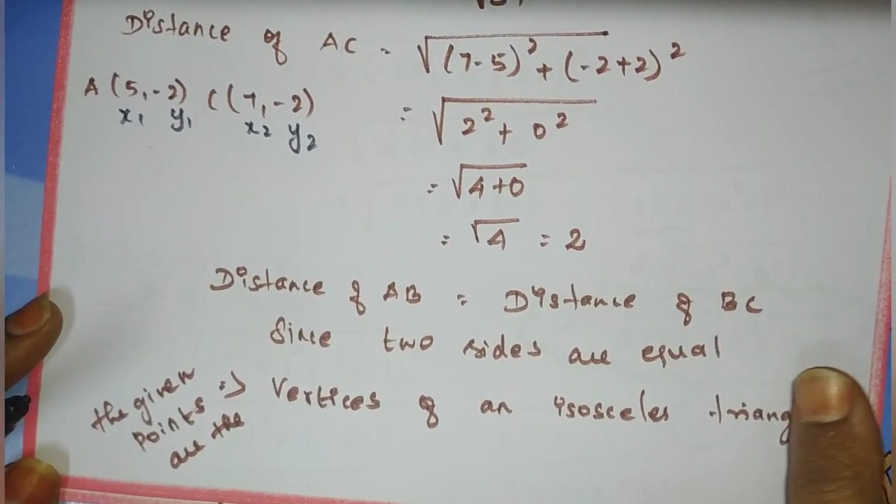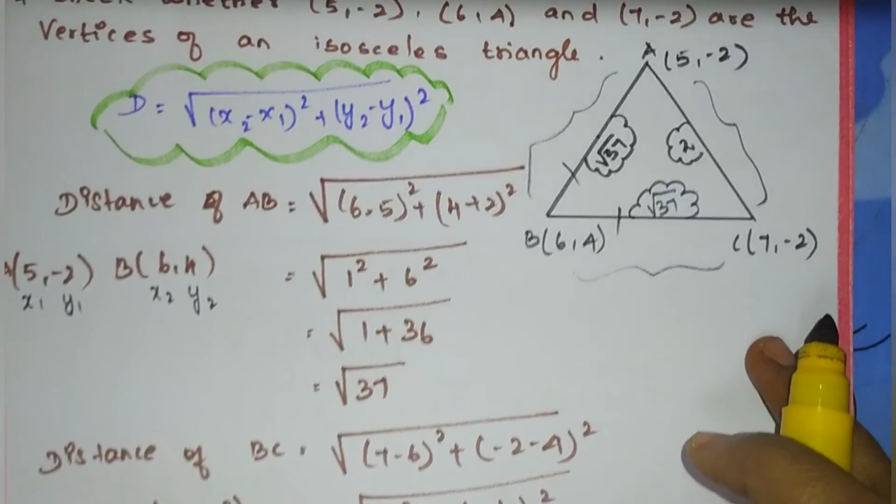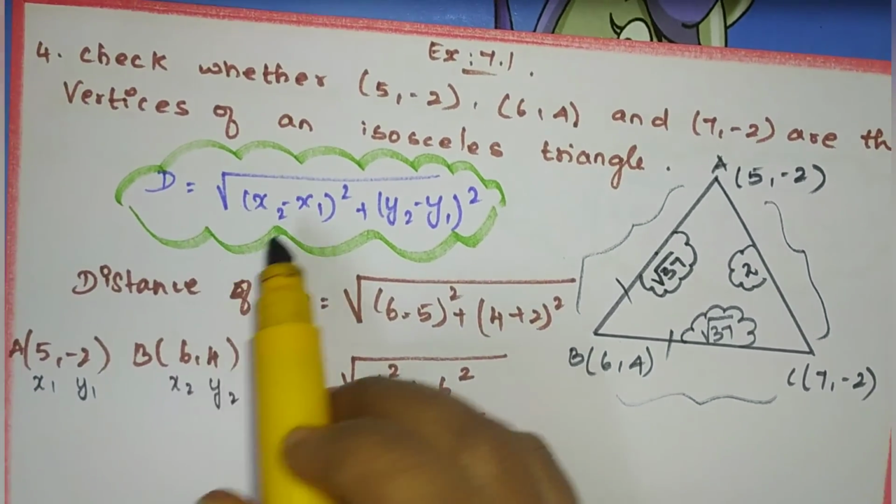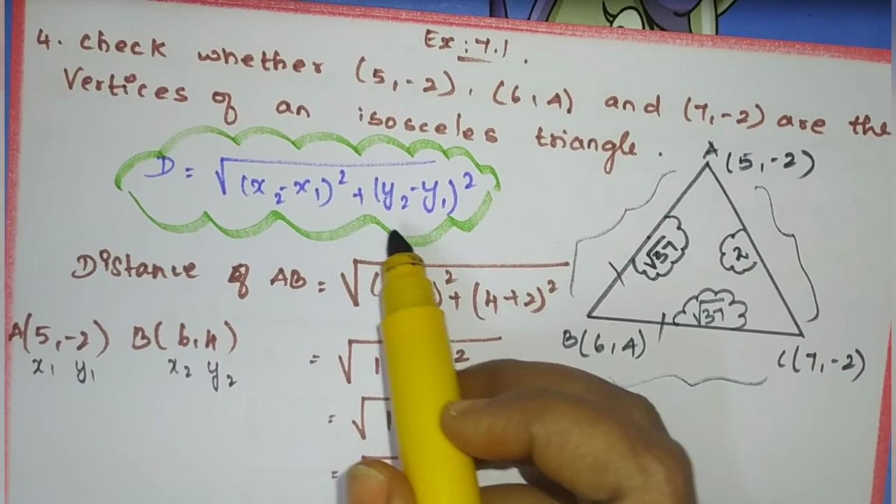Clear, children? So the distance formula is D equals root of (x2 minus x1) the whole square plus (y2 minus y1) the whole square. Thank you.